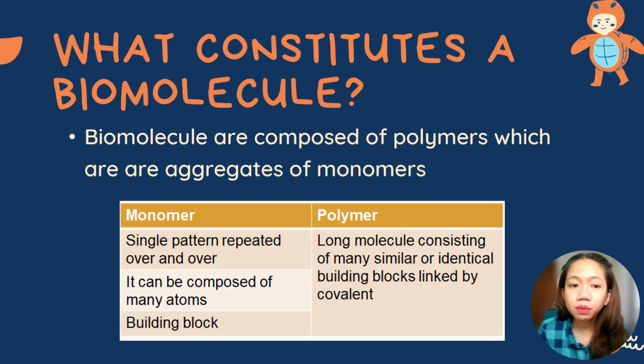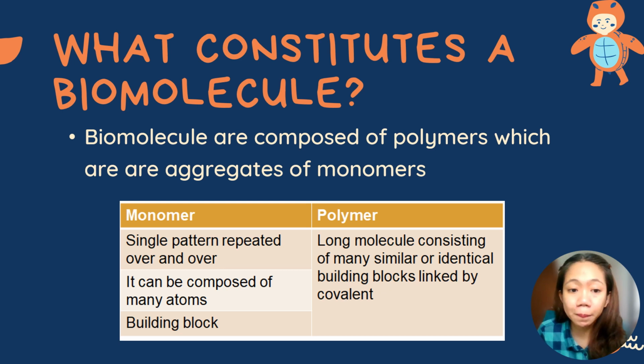Right, so before we dive into the four biomolecules, let's define certain terms that you will encounter multiple times in the discussion. When we talk about biomolecules, they are made up of monomers and polymers. So when we say a monomer, this is a single pattern repeated over and over. This is the building block of the biomolecule.